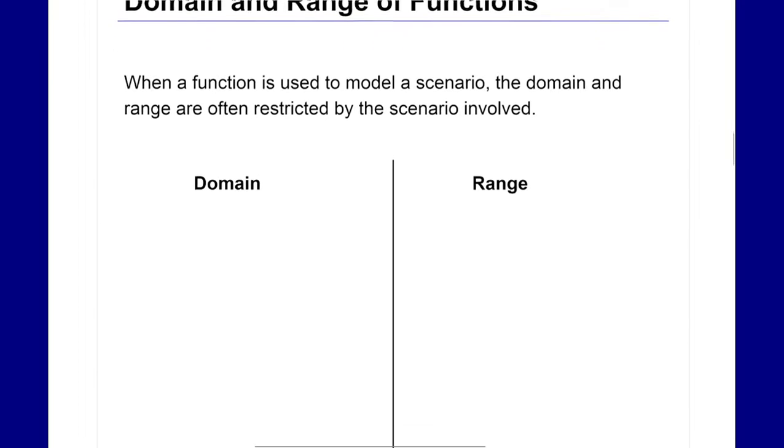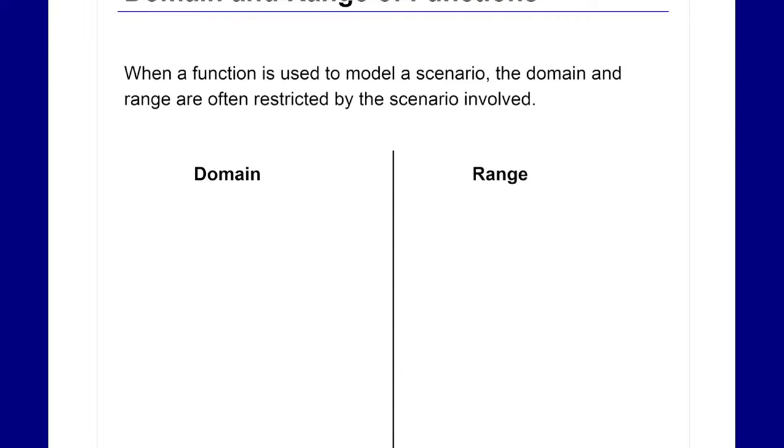So for example, the one we just looked at with the Humber bridge, x values below 0 and above 120 do not make sense.